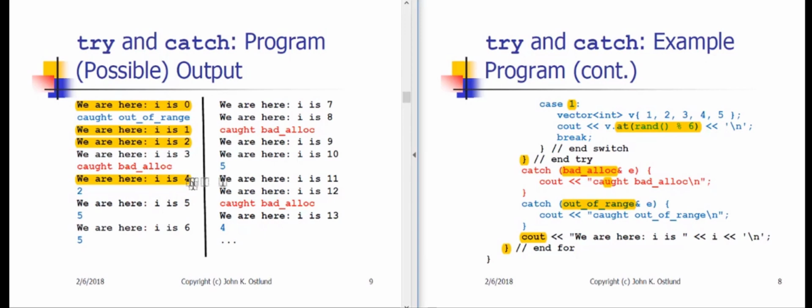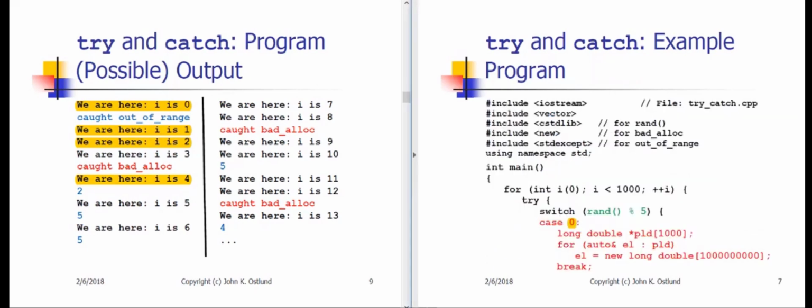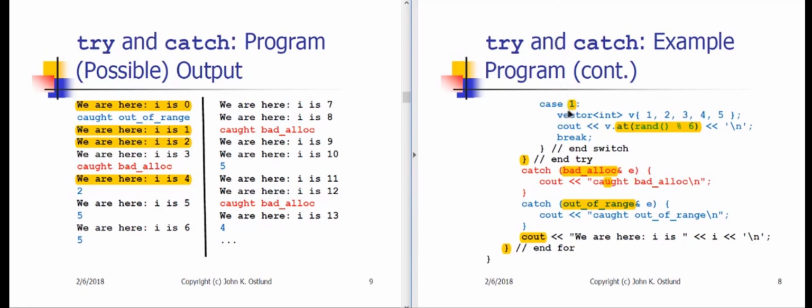Now, in the 6th iteration through the loop, apparently rand mod 5 is a 1, so we come down into this vector code, and in the at function call, rand mod 6 is apparently 1, because v.at(1) is this 2, and it's that 2 that's being displayed here.